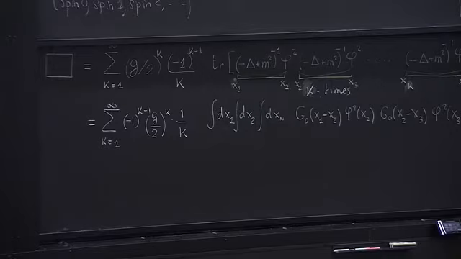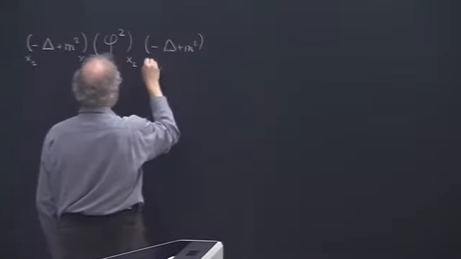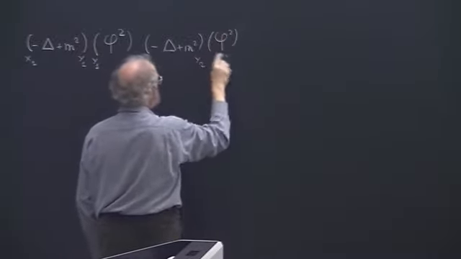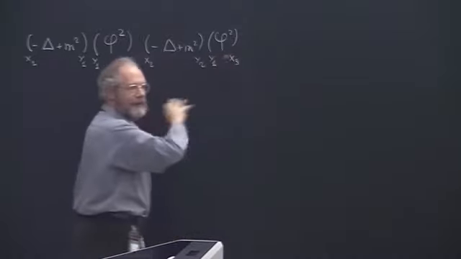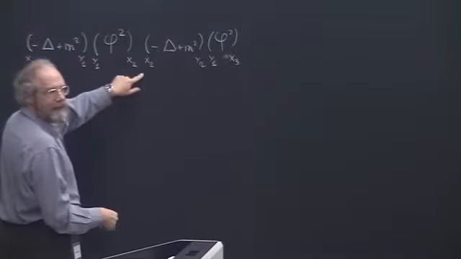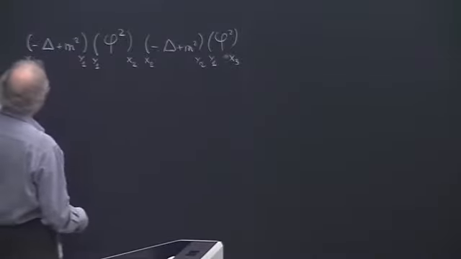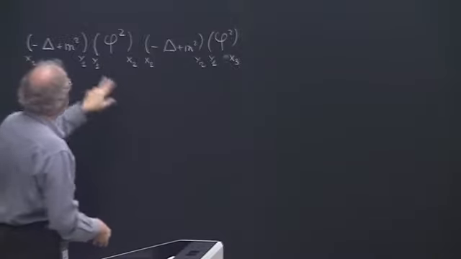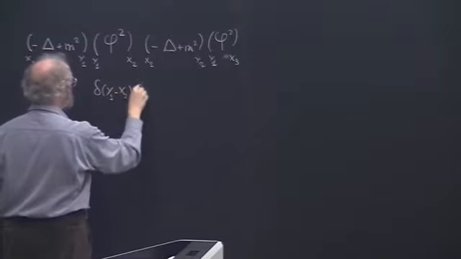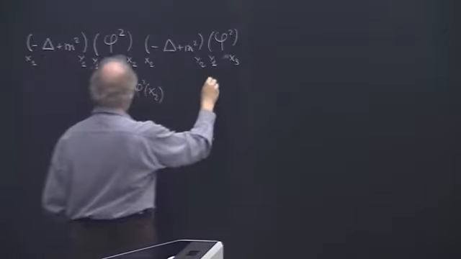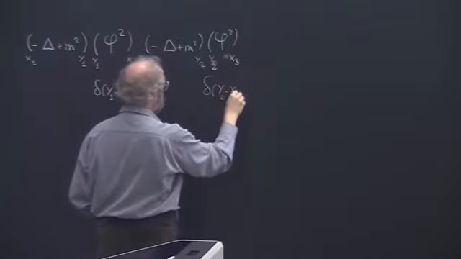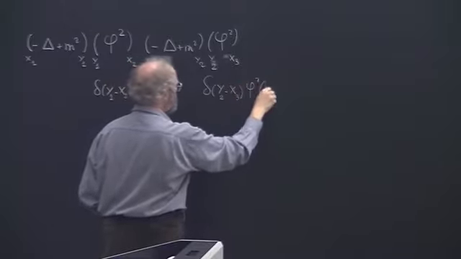And then I take minus delta plus m squared between the point x2 and the point y2. Then phi squared between the point y2 and the point x3. You see? Then in this integral, I have to integrate over x1, y1, x2, y2. And here I have a delta of y1 minus x2 times phi squared of x2. Here I have a delta of y2 minus x3 phi squared of x3.